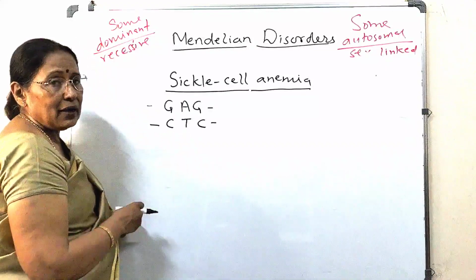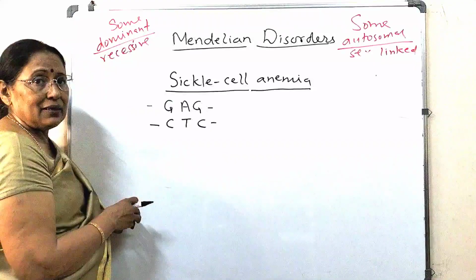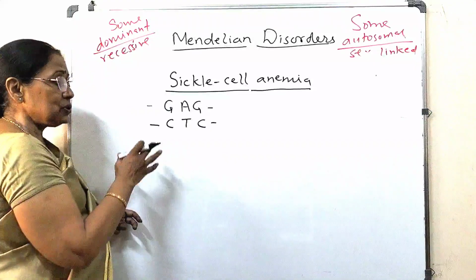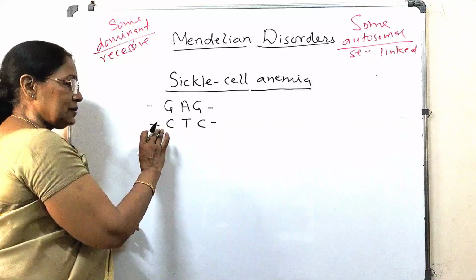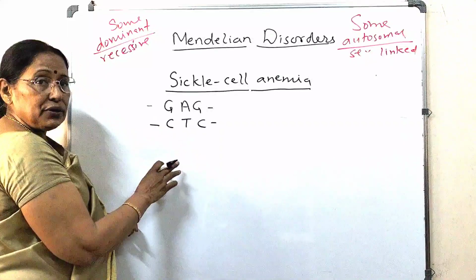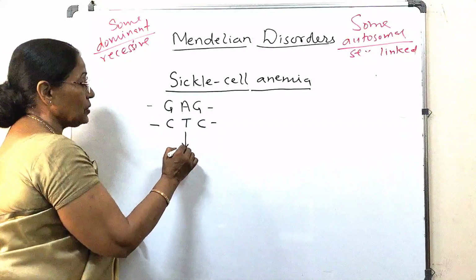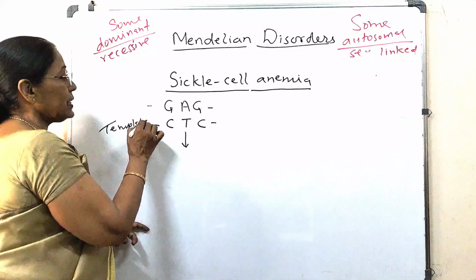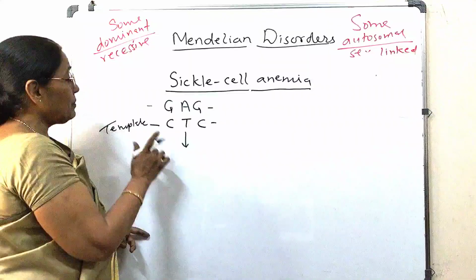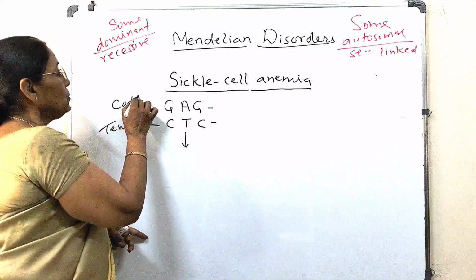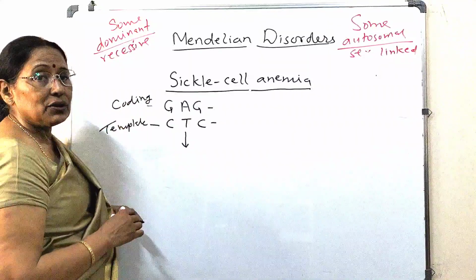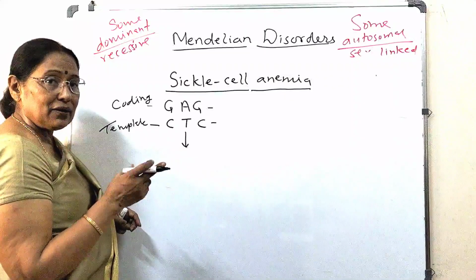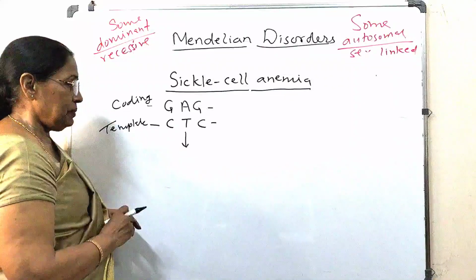You are yet to study the next chapter, that is molecular basis of inheritance. So let me tell you here that this strand which is going to form the mRNA is called the template strand, and this strand which is not coding for mRNA is called the coding strand. Why it is so? That is another interesting fact which we will see in the next chapter.